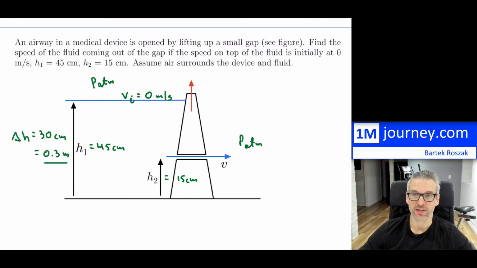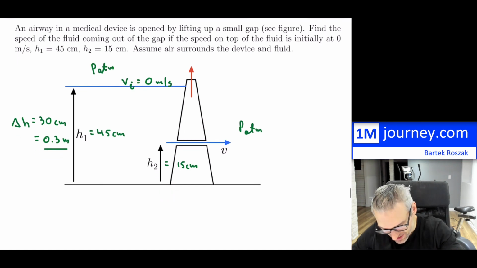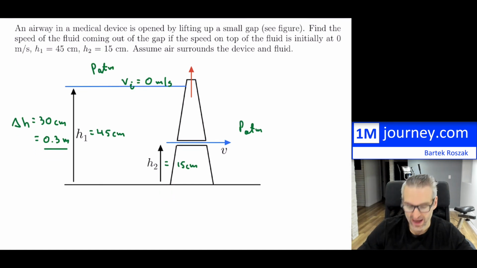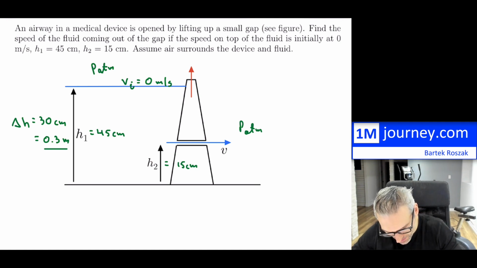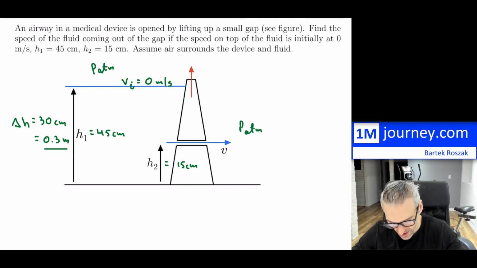Now, this is something that we actually know in fluid dynamics. Torricelli's equation, which we can put up here, basically tells us that if it's open to the atmosphere, meaning the pressures here are identical, and the densities are not changing, then really the only thing that plays a role is the speed.